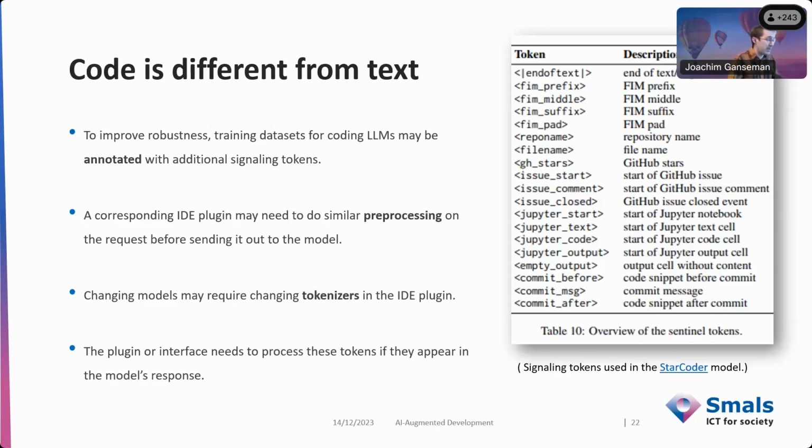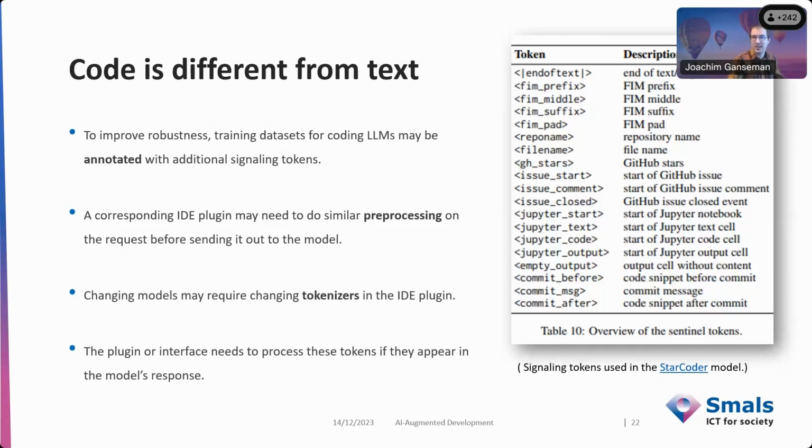This has some side effects. Mostly that an IDE plugin may need to do some similar pre-processing on the code that's present in the files that you have opened in your IDE before it can actually cook up a query, send it to the model, and get a response. It might also receive these kind of additional tokens in the reply and would then need to be able to process it. So an IDE plugin that hooks into a specialized model like this needs to do quite some lifting by itself.